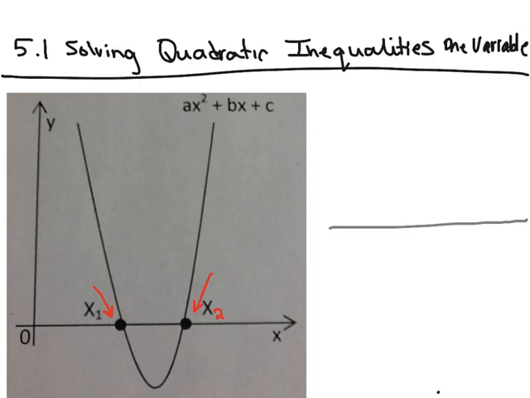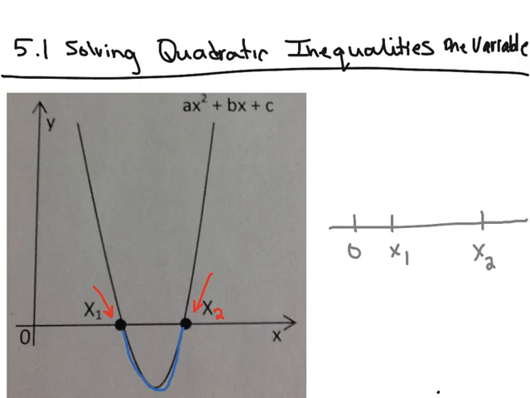So if I wanted an answer that was a negative number, so less than 0, we would want all of the values from here. If we represented this on a number line, we'd have our 0, we'd have x1, we'd have x2.